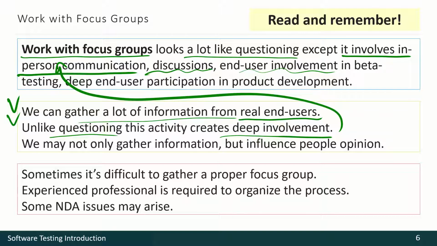They pay 100% of their attention to what's happening, and we may discuss something right here and see the real reaction. Another pro here is that we may not only gather information, but influence the opinion, because with questioning we only ask. Here we may explain.